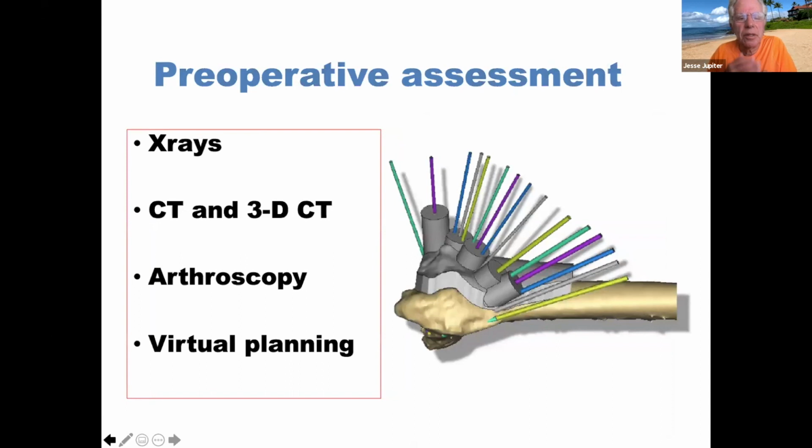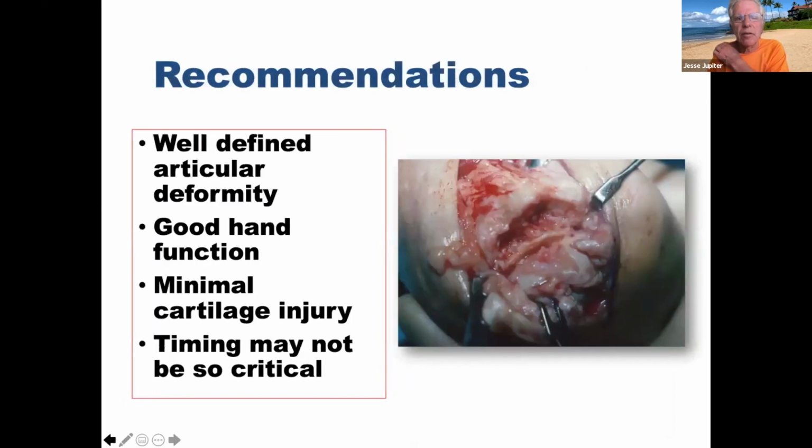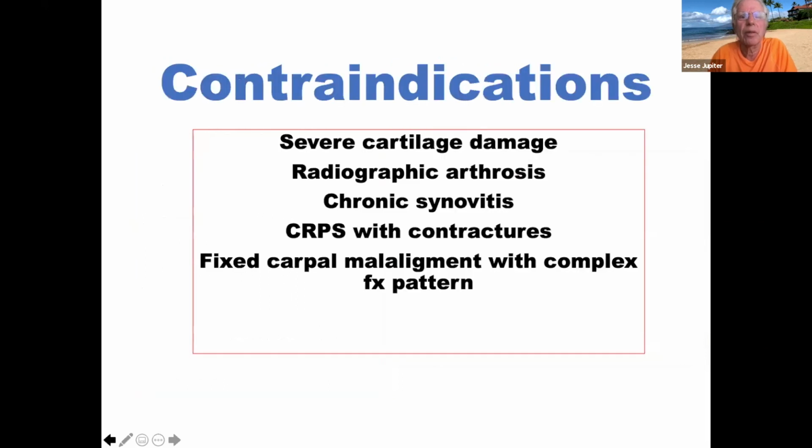And in this case, virtual planning, as you saw, might be helpful because these deformities are often three-dimensional, and we're usually looking either from the top or the bottom surgically, and we may not appreciate the entire extent of the deformity. We also would like to have at least a feeling that the cartilage is still present, but as it turns out, timing may not be as critical as one might think.